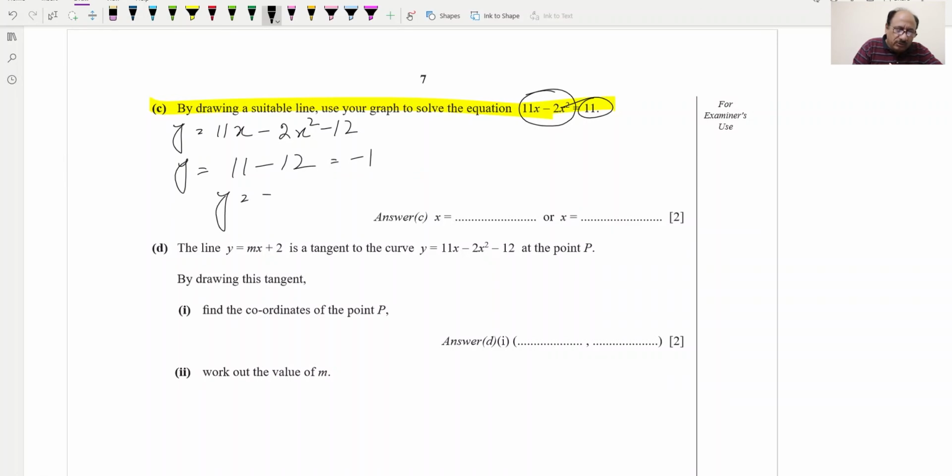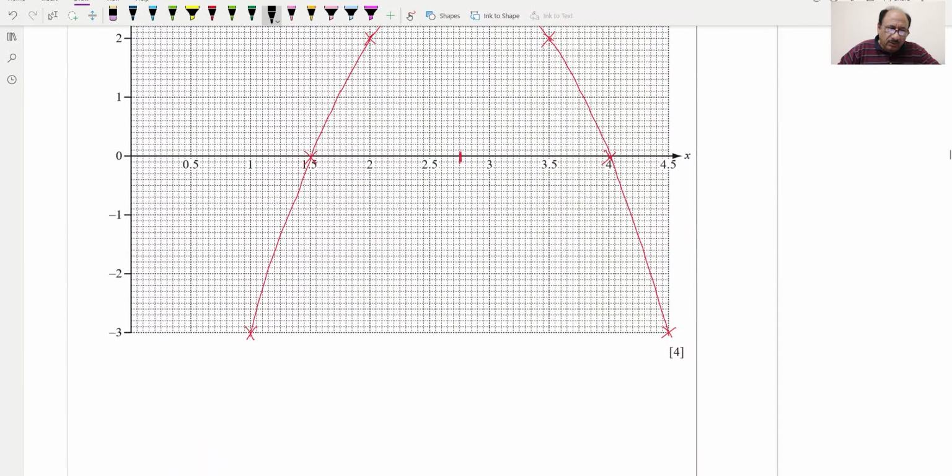So y will be equal to minus 1. So y equal to minus 1 will be the suitable equation which we can draw on this curve, and that line is over here. Y is equal to minus 1 is the line which we have drawn, and now we can check for the solutions.